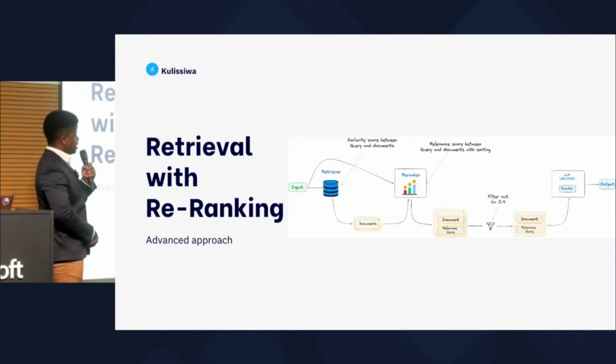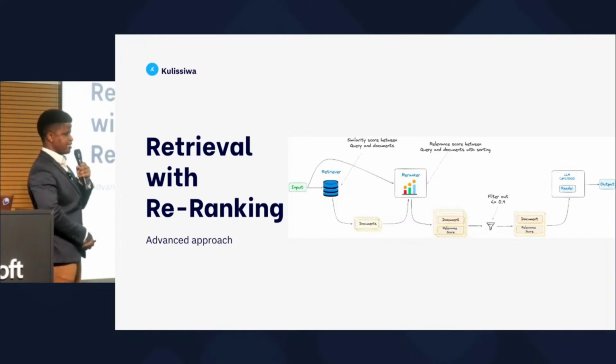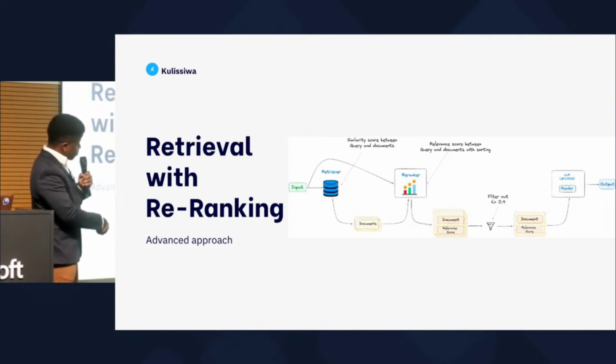So I said, okay, let me research this and understand it better, how it works and how it would be better. Here's one use case where the user query is sent to the vector database. You get your documents, and here you can increase the number of documents that are returned. You can have like 10, which would give you a bigger surface area to work with. Then you pass it on to the re-ranker with the query.